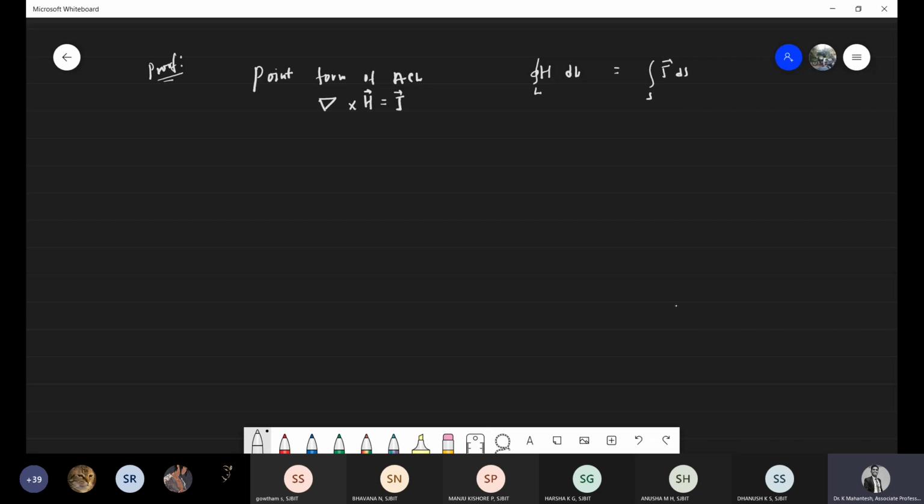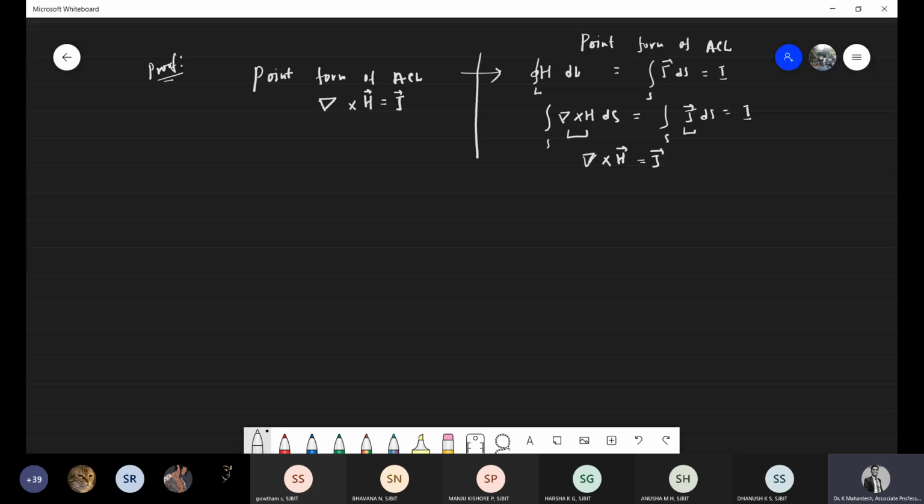What is J ds equal to? This is the total current I. So how to convert this line integral to the surface integral? I can say curl of H ds is equal to surface integral J ds, which is equal to I again. So now curl of H is equal to J. If you equate this integral component, I have quickly derived the point form of your Ampere circuital law. So this is how I have obtained point form of Ampere circuital law. So this is one part.